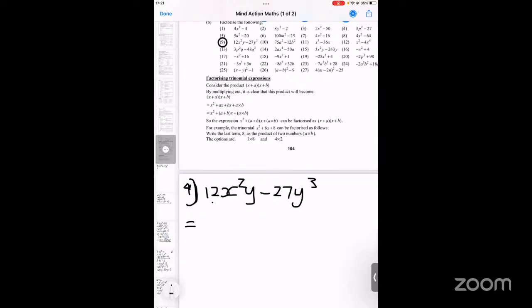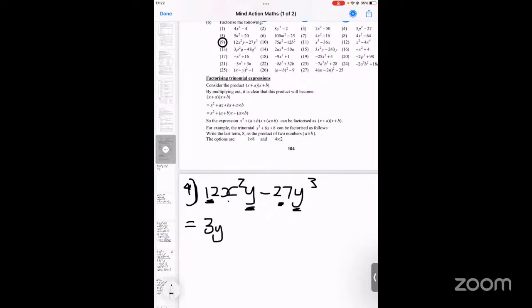X squared is fine, but y cannot be written as something squared, isn't it? Yes, sir. So that means I will need to take out something there. What can be taken out as common factor from 12 and 27? I think it's 3. So I'll take out 3, and I'll also take out y there.